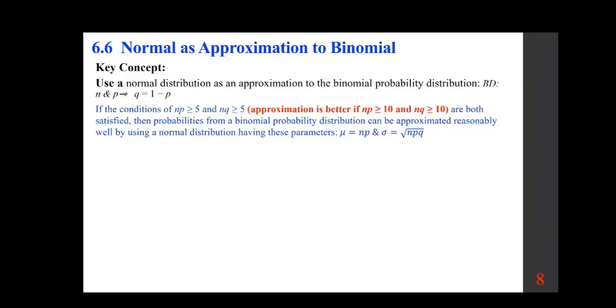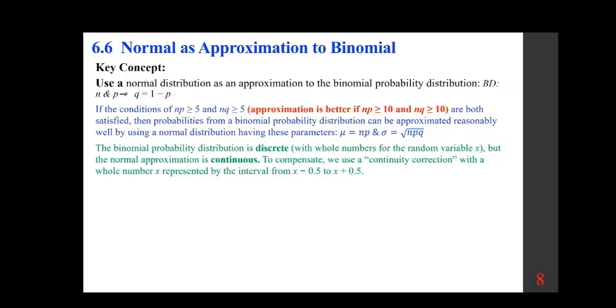So depending on the text, they may have different restrictions, but generally speaking, when np and nq are fairly large, then the approximation works out, in which case mu is calculated as always for binomial distribution. Mu is np, and sigma is the square root of npq.